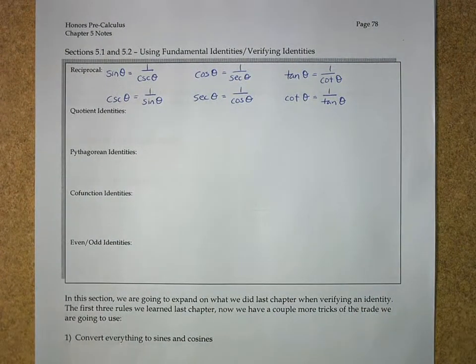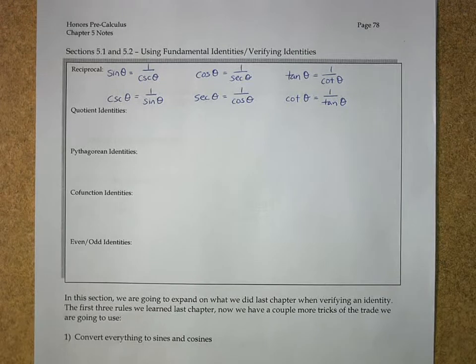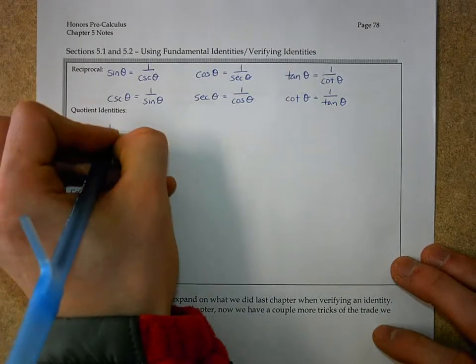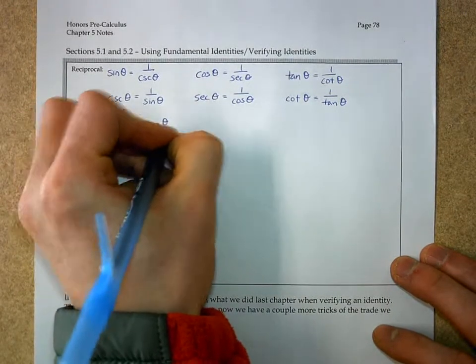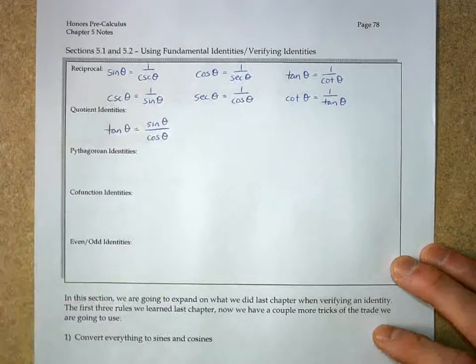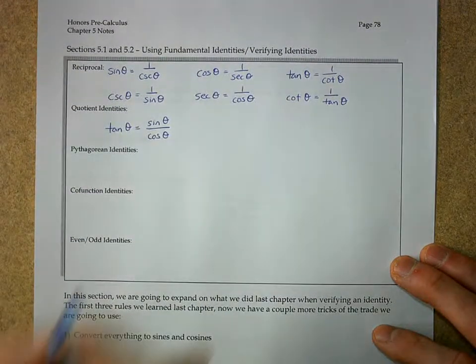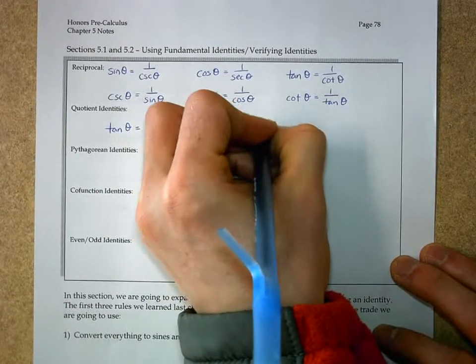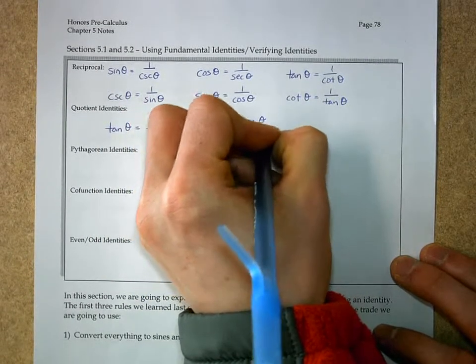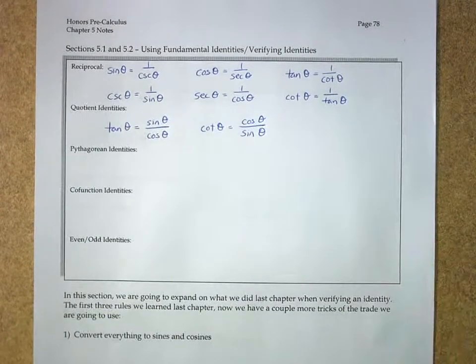The 6 reciprocal identities you were responsible for. The second group were the quotient identities, and there were only 2 quotient identities, tangent and cotangent. And we saw that the tangent is the same thing as the sine divided by the cosine, and the cotangent was the same as cosine over sine.